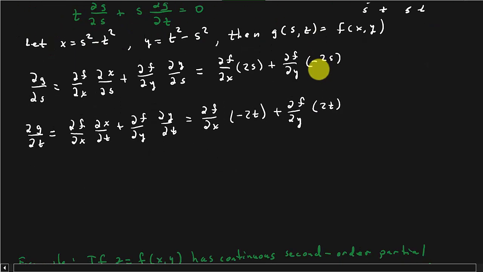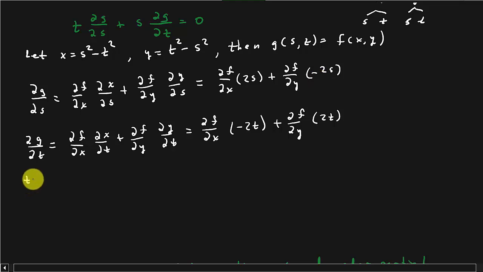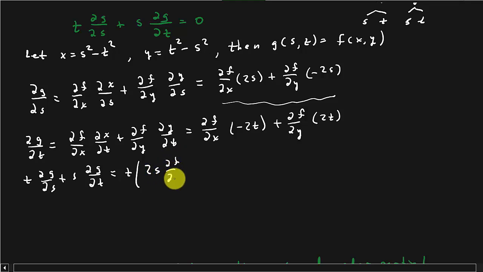All right, so we have t times the partial of g with respect to s plus s times the partial of g with respect to t is equal to t times, okay, and now I'm going to plug in the partial of g with respect to s, which is this thing right here. So that's 2s partial f with respect to x, I'm just writing the 2s first, minus 2s times the partial of f with respect to y.